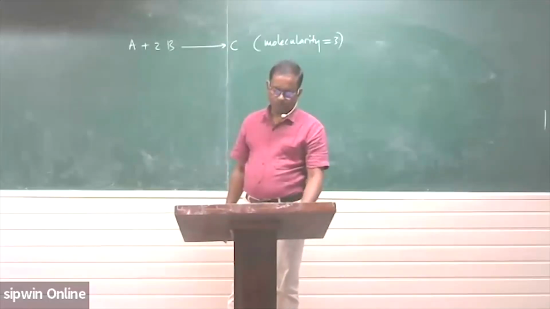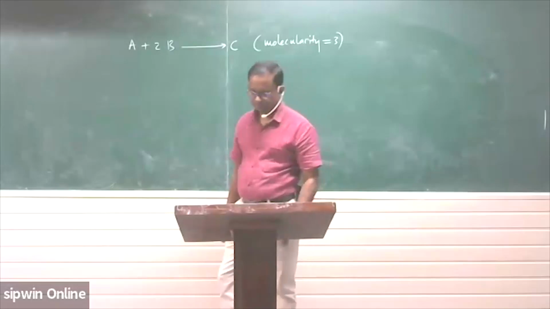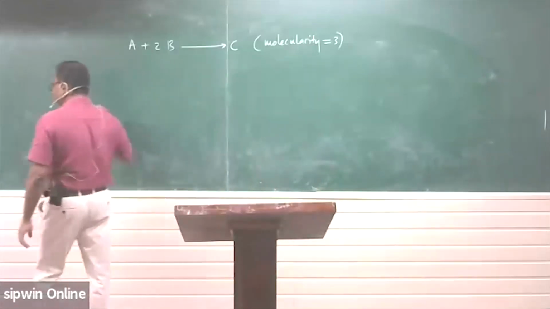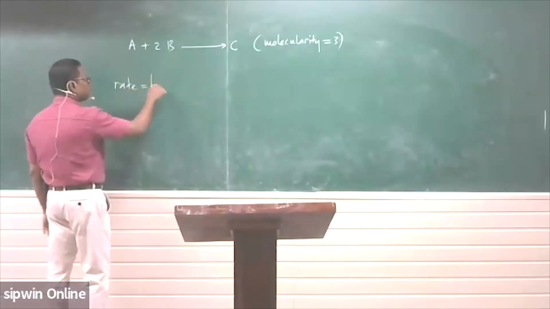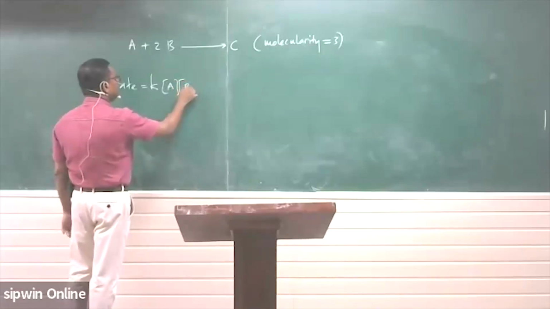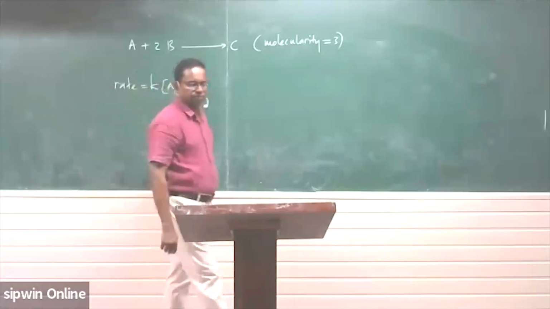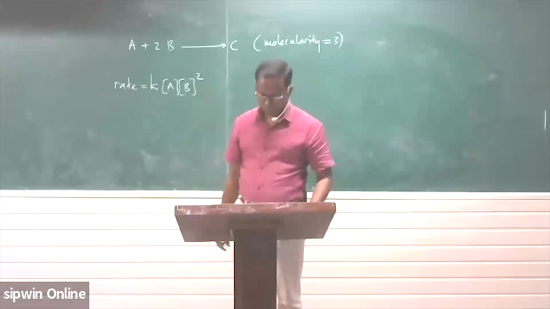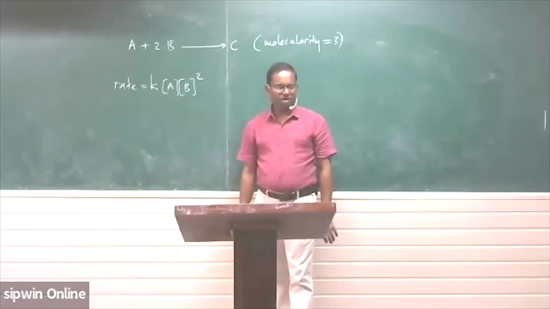Next line. Rate law is directly given as rate equals k, concentration of A, concentration of B squared. Is it clear?